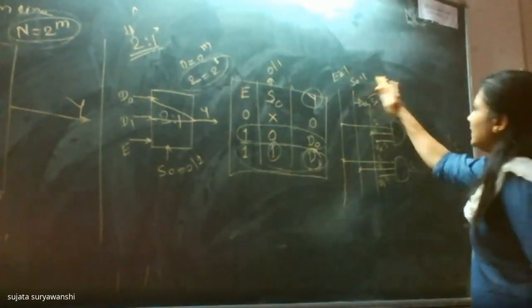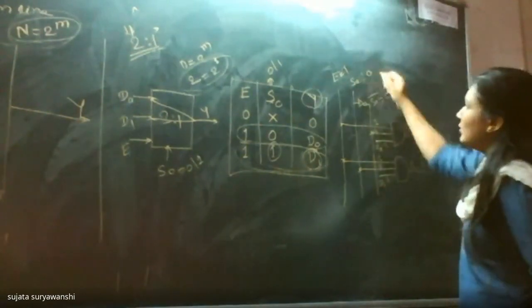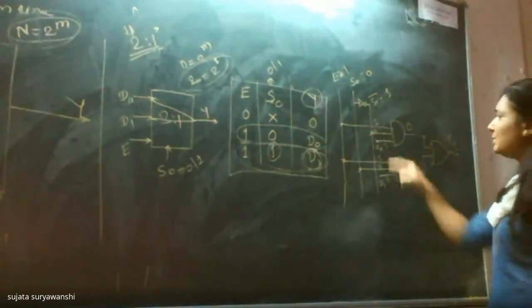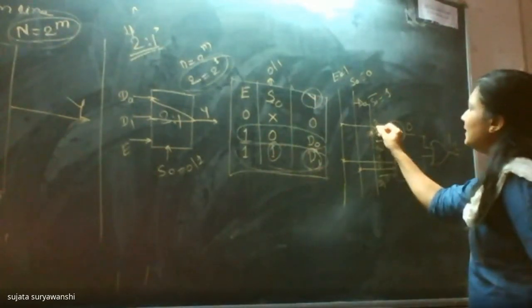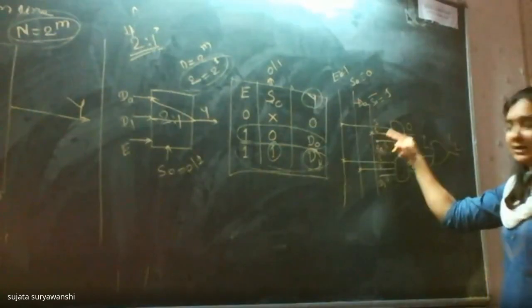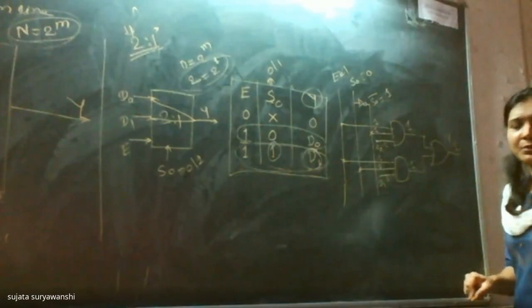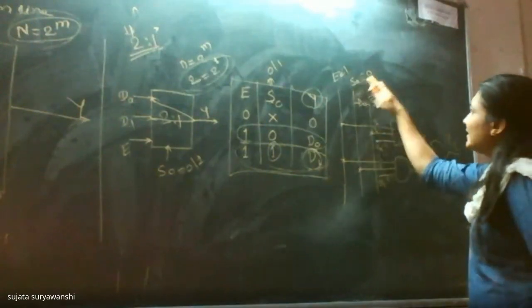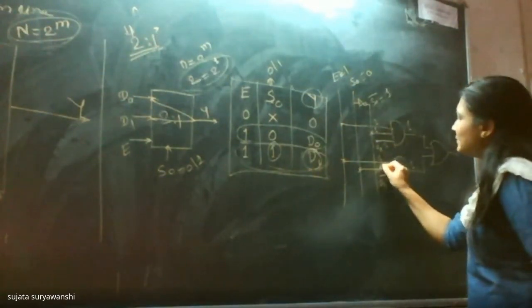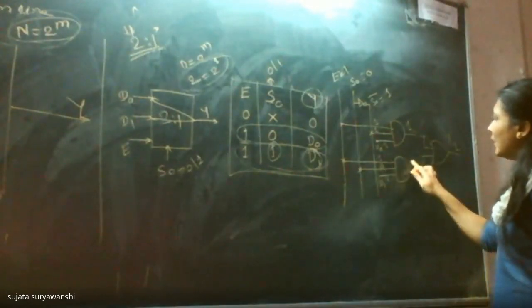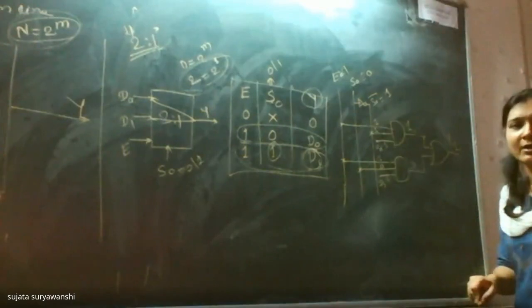And here, if S0 is equal to 0, then S0 complement becomes 1. Then the middle term is also 1, so with 1, 1, 1 the output of the first AND gate will become 1. And here S0 is 0, so this middle input becomes 0, and since one of the inputs is 0, the output of this AND gate will become 0.